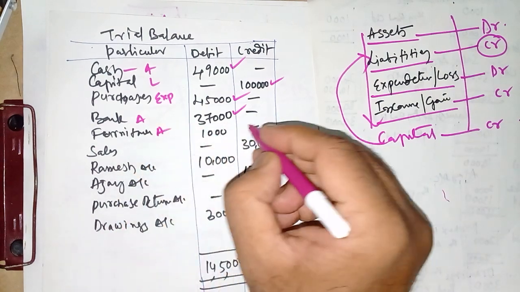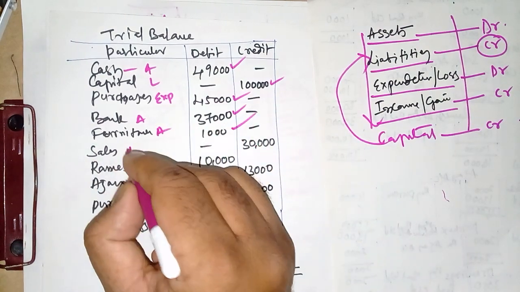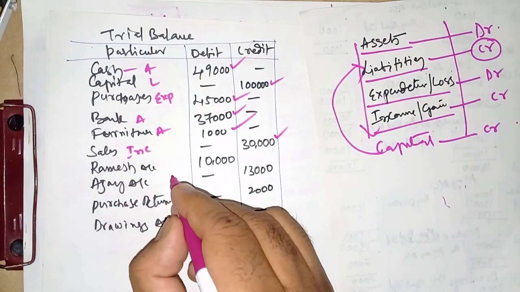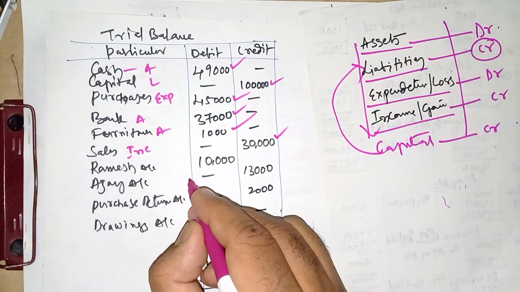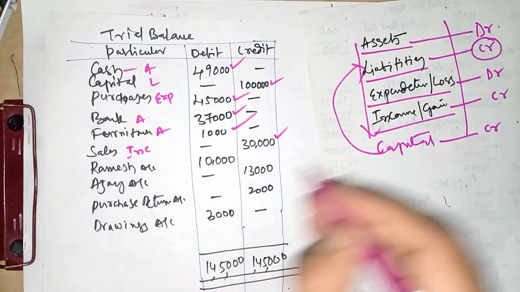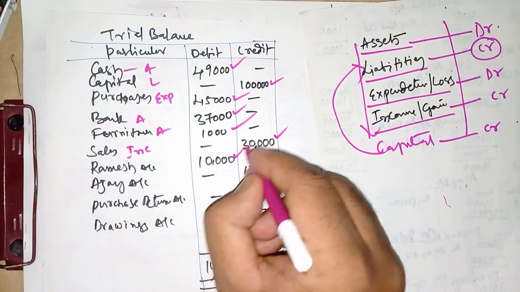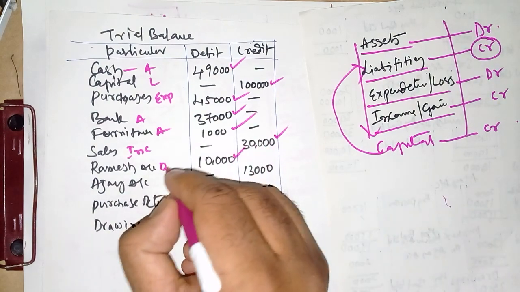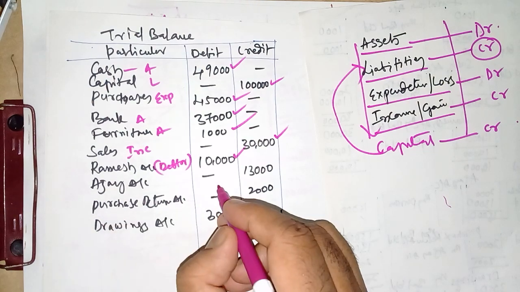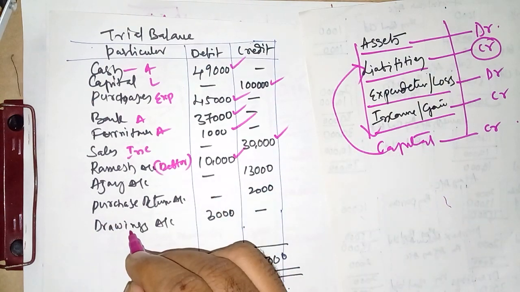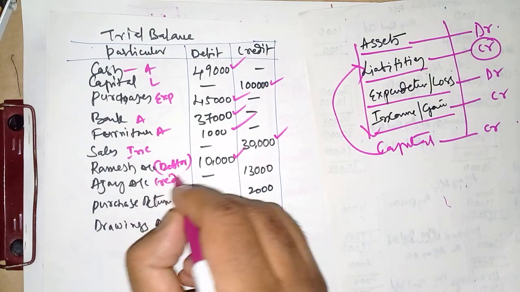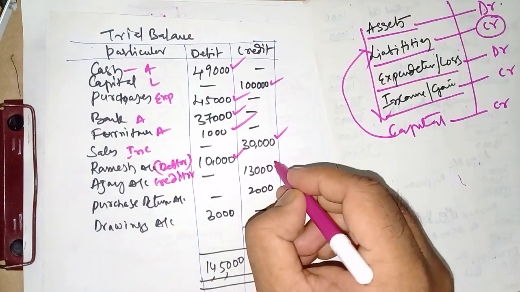Furniture, asset, showing debit balance. Sales, income, showing credit balance. Ramesh, the person to whom we sold the goods on credit, from whom we need to receive money, shows a debit balance as a debtor. This fellow is a debtor, an asset. Ajay, from whom we purchased the material, to whom we need to make the payment, is a creditor. So credit balance.